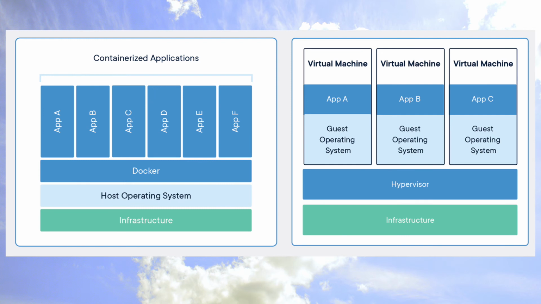If we look on the left-hand side at what happens with containers, you have the hardware, then you have a host operating system, and then you have some form of a containerization system. In this example, it's Docker. It's one of the most popular right now. And under Docker, it can run all sorts of different applications.